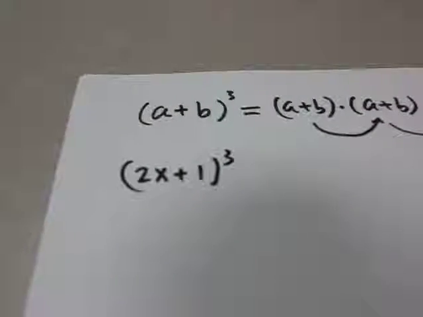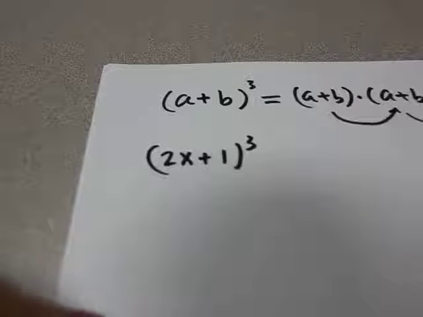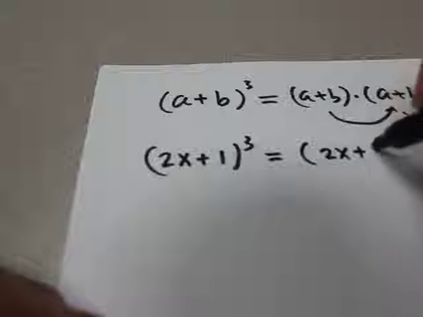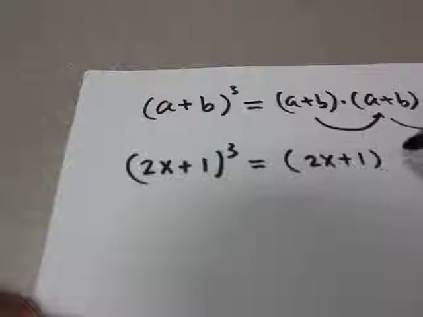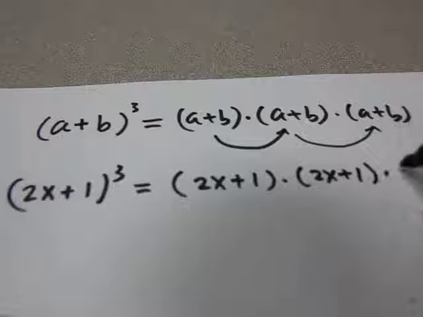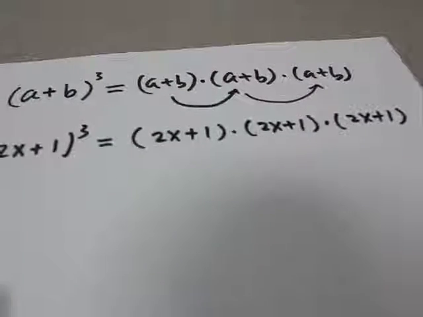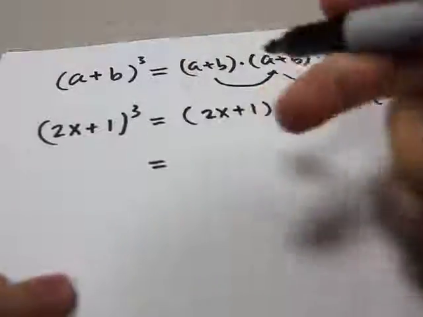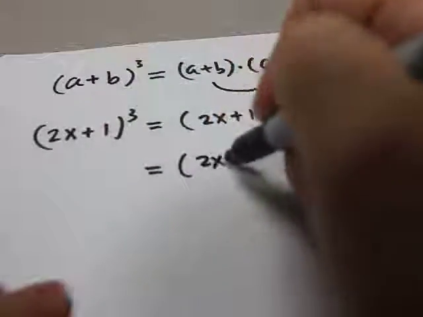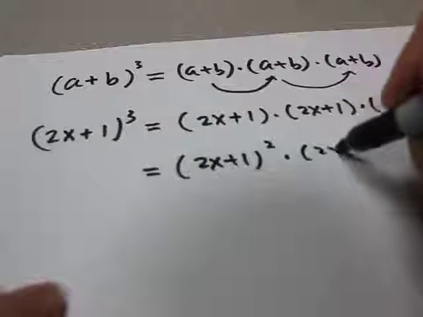Okay, let's see. I want to find what 2x plus 1 to the power of 3 equals. Since this is 2x plus 1 times 2x plus 1 times 2x plus 1, this equals 2x plus 1 squared times 2x plus 1.